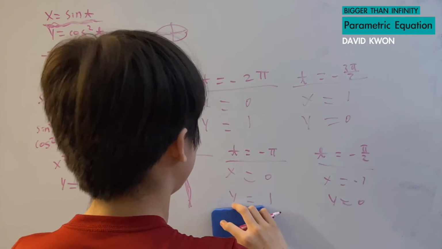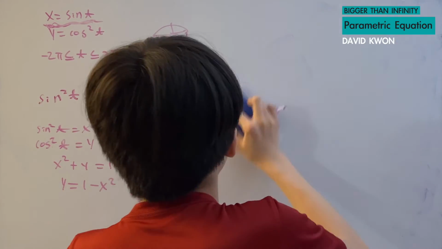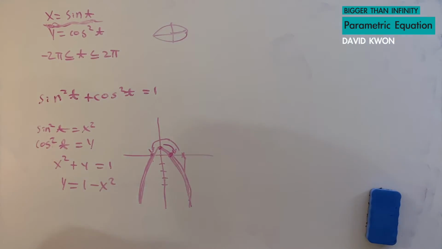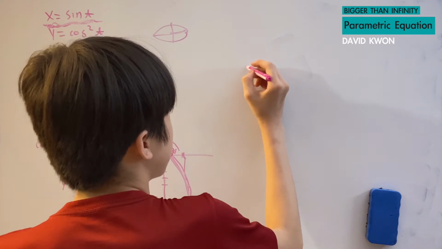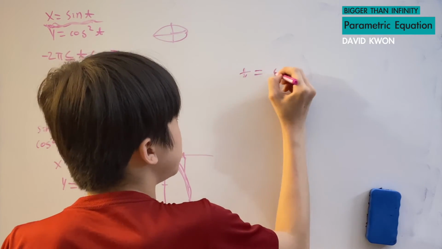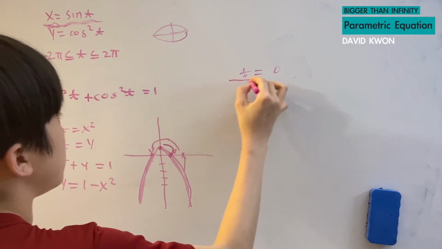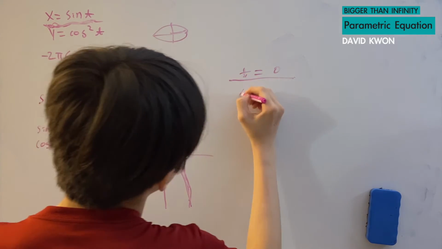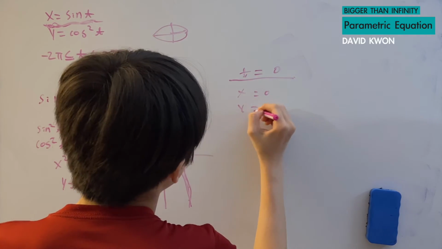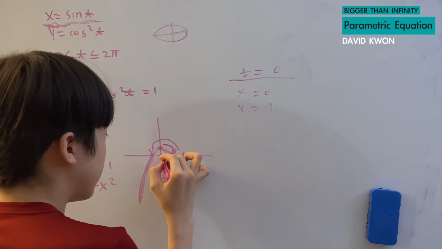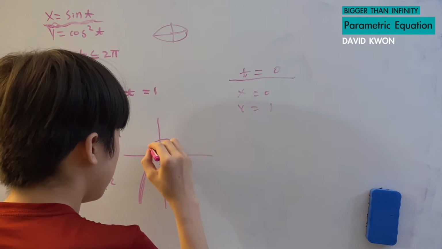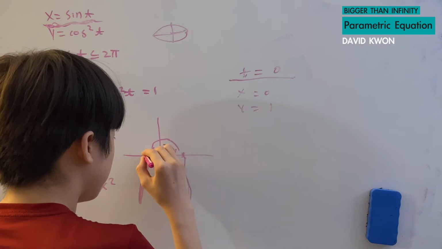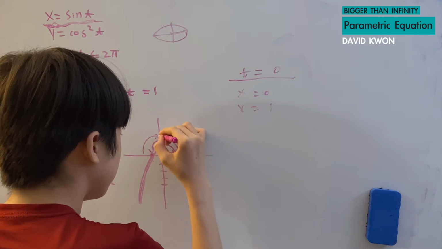We don't need this. What did we do? We did minus pi over 2, which means it is time for t is equal to 0. Put it in there. x is equal to 0 and y is going to be 1. So x is 0, y is equal to 1. From this graph, it went in this direction again.